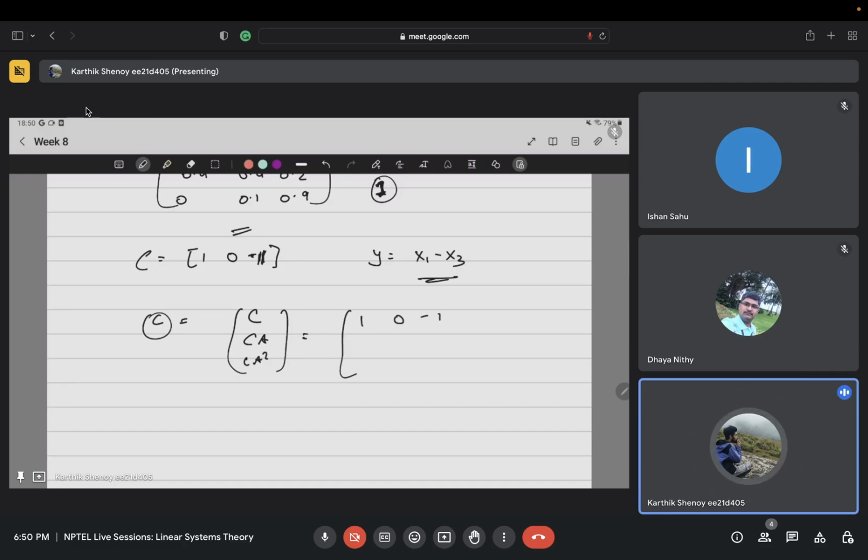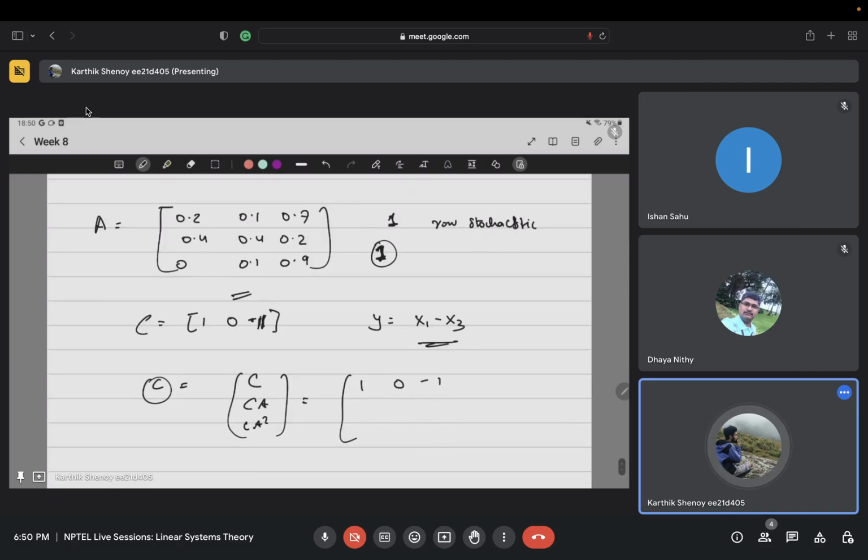You can compute C times A as 0.2, 0, minus 0.2. Now if you again compute this, you will get 0.04, 0, minus 0.04, correct?